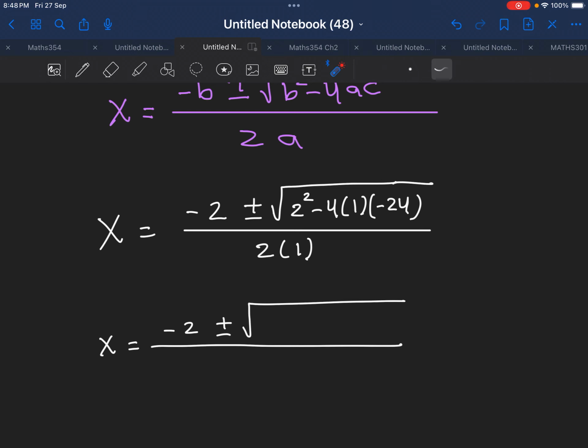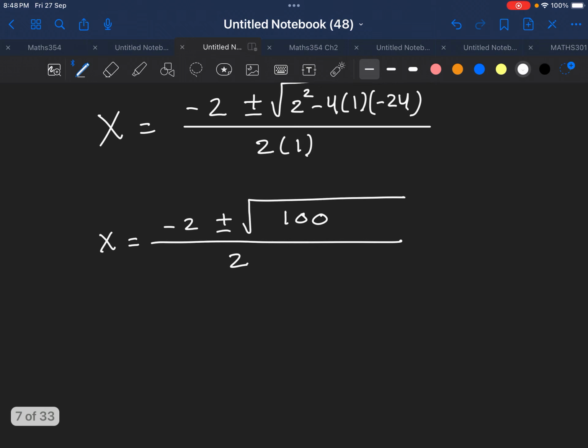Now, if we do this one, this will give me 96, and this will give me 4. So this will be 100 divided by 2. Now, furthermore, how much is square root of 100? It's just 10 divided by 2.